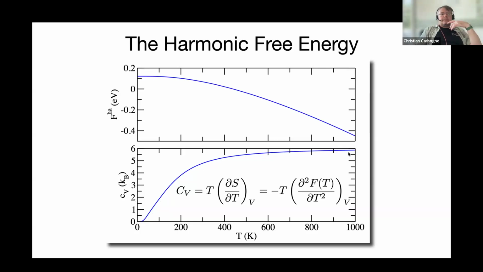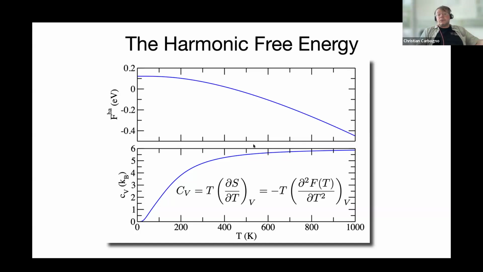And if you remember your classical lectures about statistical physics, you know that the specific heat in classical physics is constant, and you have essentially a number of degrees of freedom times a kB contribution for each degree of freedom. And this is exactly what we reach at high temperature.